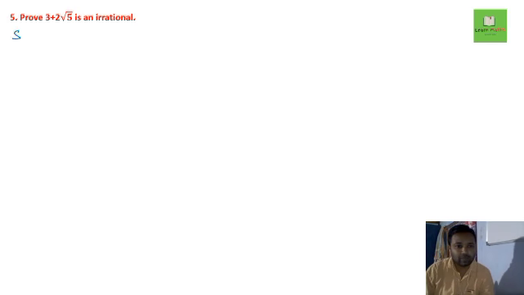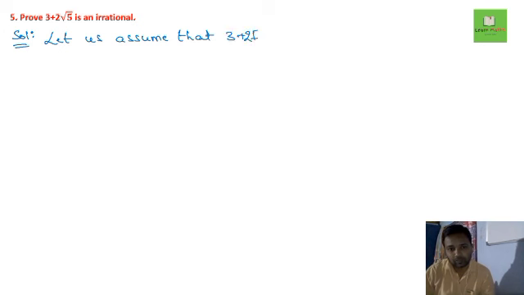So first step, it is quite common. What we have to take, we need to assume that the number is a rational number. Let us assume that 3 plus 2 root 5 is rational. If this is a rational number, then every rational number can be expressed in the form of p by q.